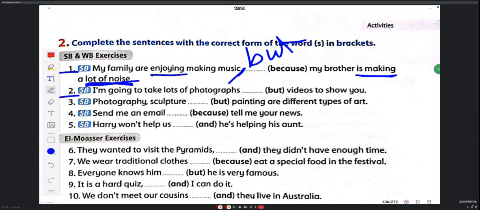Number two: I am going to take lots of photographs and videos. Photographs and videos, nouns and nouns.